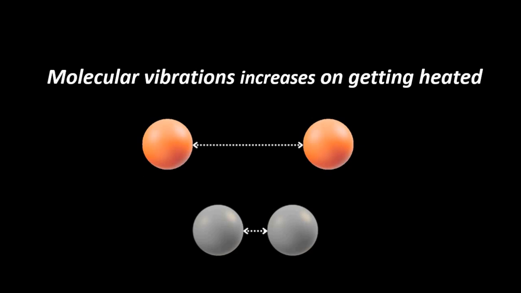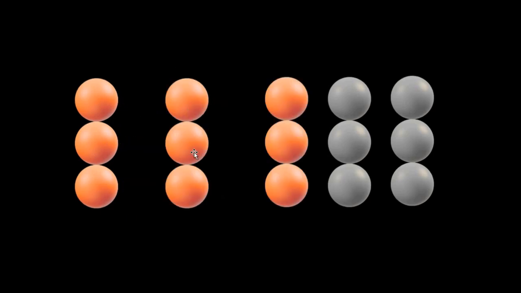As a result, they start colliding with the neighboring molecules, and a portion of that kinetic energy is transferred to those molecules. So they also start getting heated and start vibrating with a higher speed.